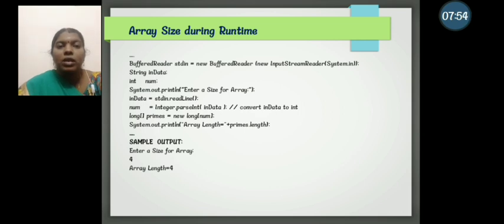You can see System.out.println of array length equals primes.length, which means you are going to access the number of elements that can be stored in that array, and you can identify the length of the array by using this length property.